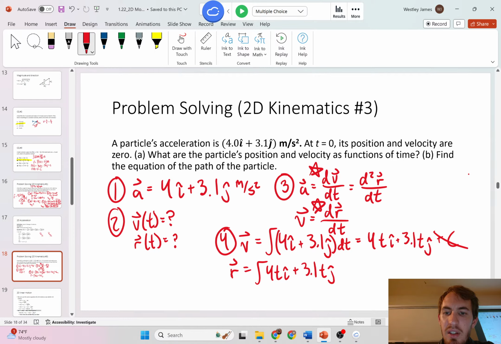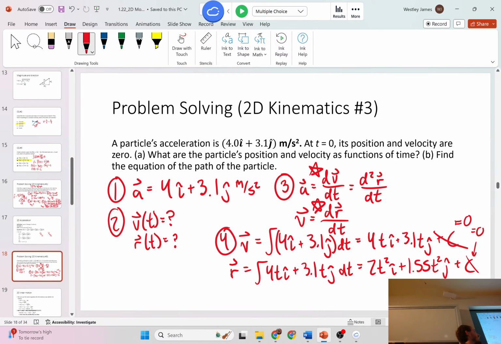It may seem stupid, but I'm going to double check that 3.1 divided by 2 is 1.55. Good job, me. And again, the same thing. At time equals 0, the position needs to be 0, so c will also be 0. If I said at time equals 0, the position is 5, c would be 5. If I said at time equals 0, the velocity was 3, this would have to be 3. But again, it gets more complicated because there's x and y components, so it's purposefully as simple as it can be.